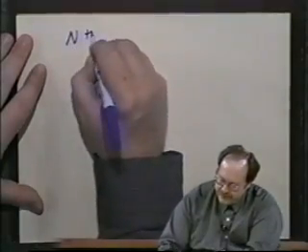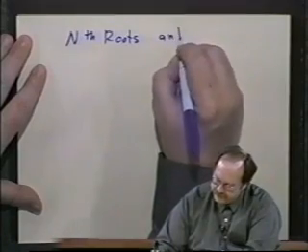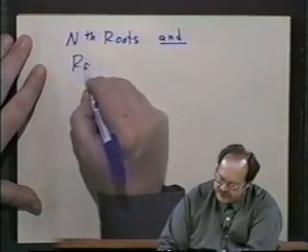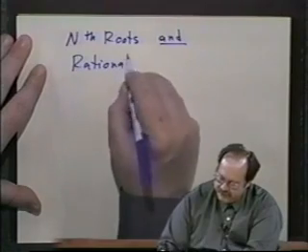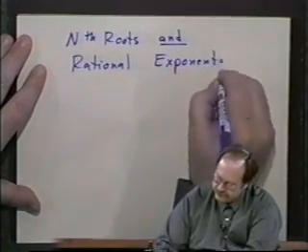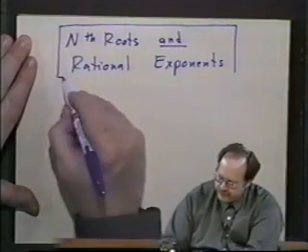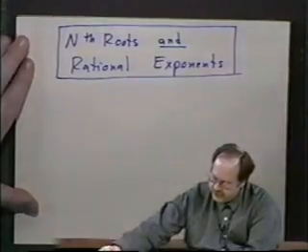So, nth roots and rational exponents. This is the title of the section I am now looking at. And I'm going to generalize all of the work I just did with square roots.